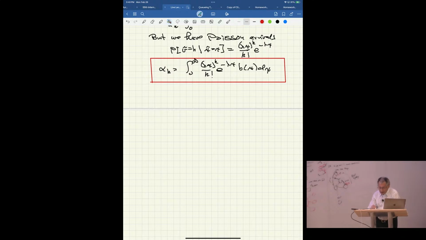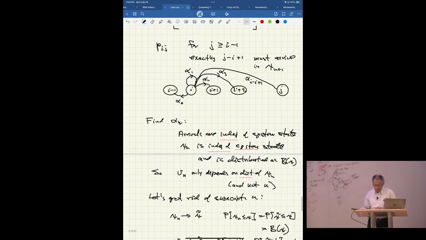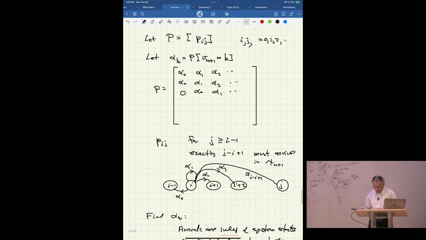So basically this gives me P. Why? Because P is composed of these alphas that we wrote up here in the matrix. I know the alphas now.